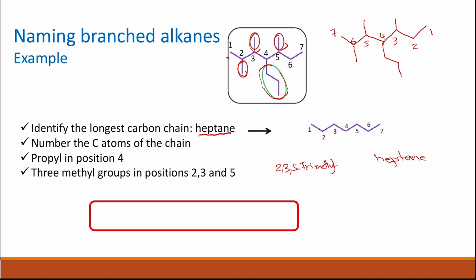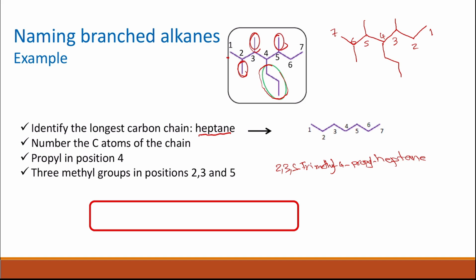And then we're going to add the propyl, which is going to be on carbon number 4. So 4-propyl, and then heptane. This is how we name it. Why did we put the trimethyl before the propyl? Because we need to put the groups in alphabetical order.